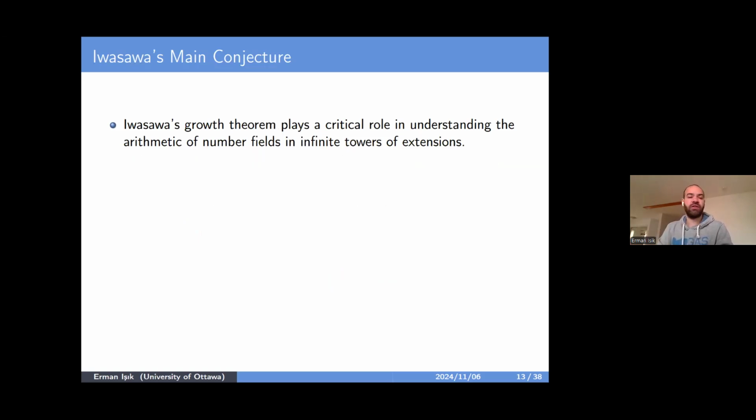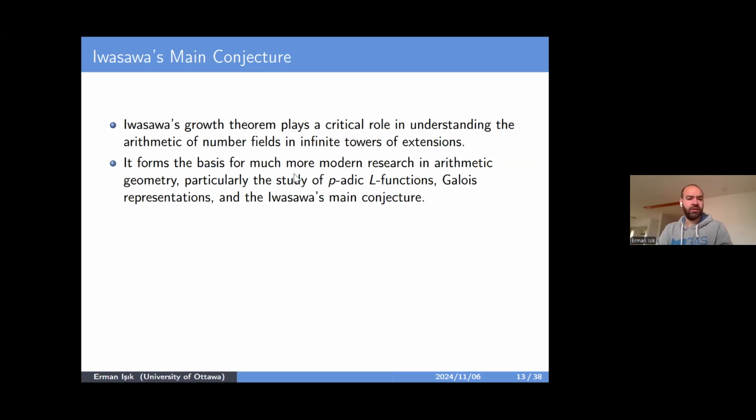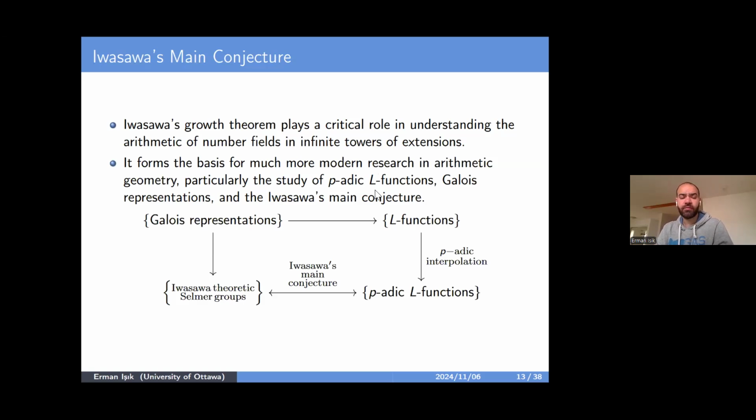So as I said, using these two important tools, before going back to Iwasawa's growth theorem, I want to mention one important thing. This characteristic ideal also pushes us to study further regarding these objects. It allows us to study something called p-adic L-functions, and also Galois representations, hence the Iwasawa main conjecture. Let me introduce how it looks. If you have arithmetically interesting objects such as elliptic curves, abelian varieties, modular forms, and so on, you can attach to them a Galois representation.